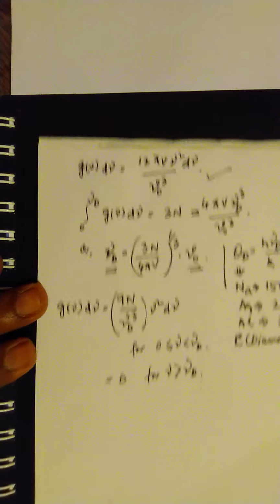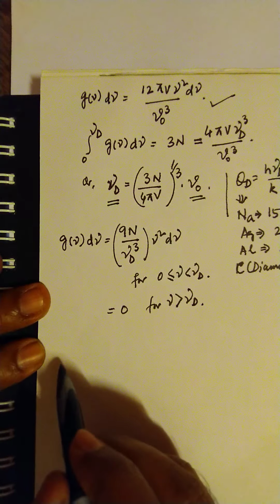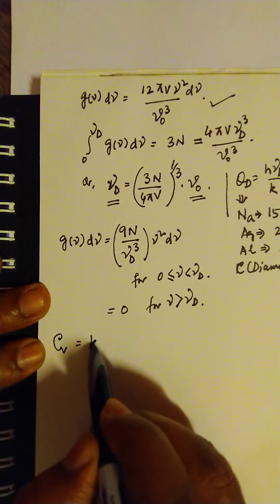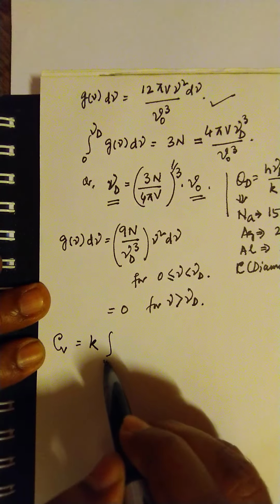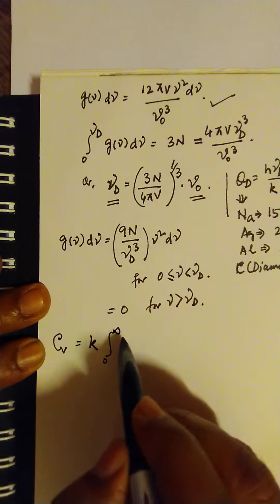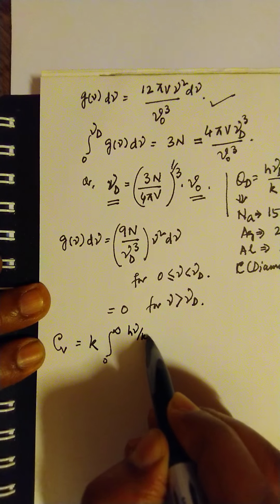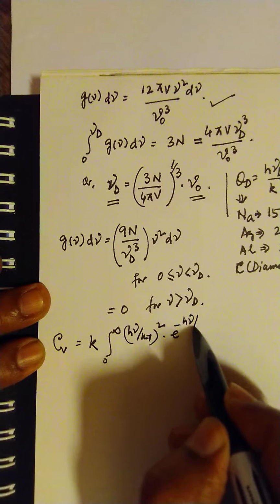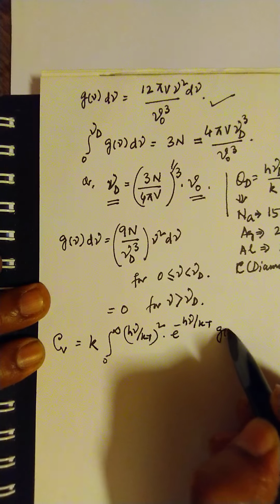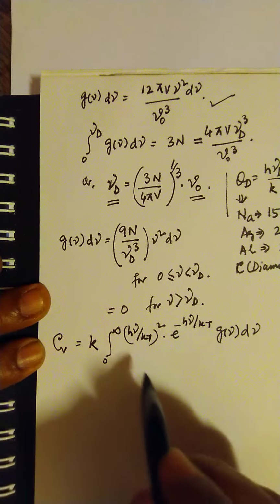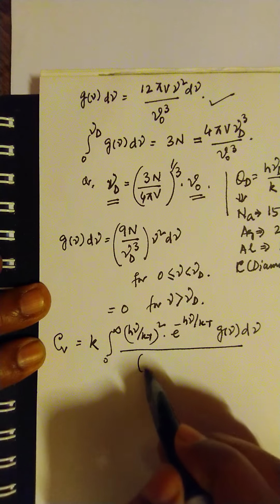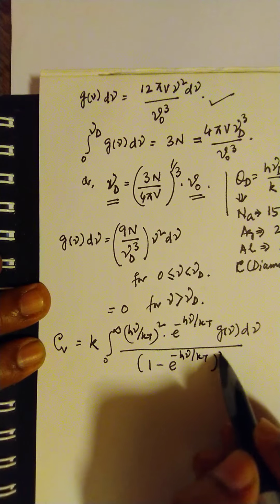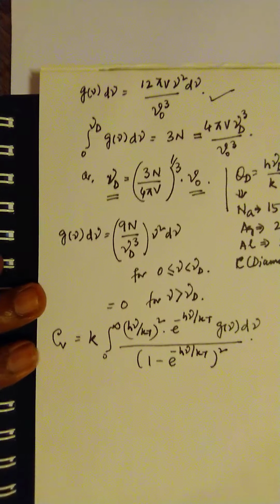Now given this, we can go back to the Einstein analysis, and in the Einstein analysis, if we recall, Cv equals k times the integral from 0 to infinity of (h nu by kT) whole square e to the power minus h nu by kT g(nu) d nu, divided by (1 minus e to the power minus h nu by kT) whole square. So that was the expression.